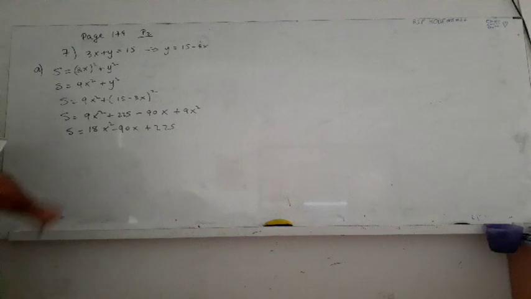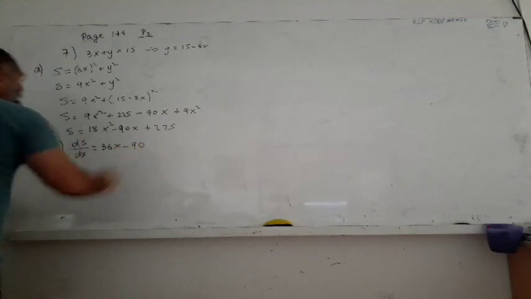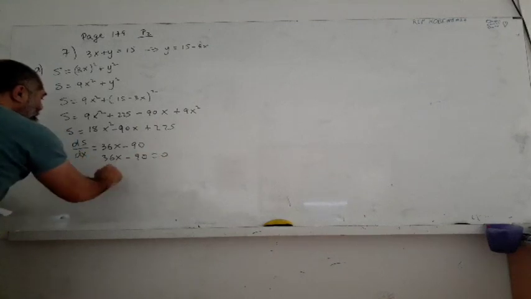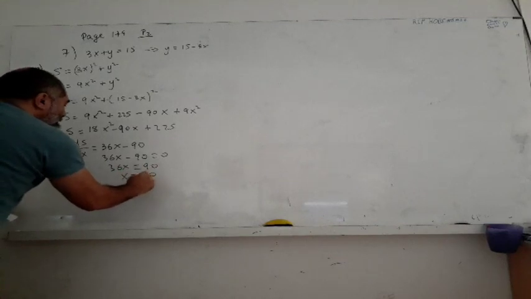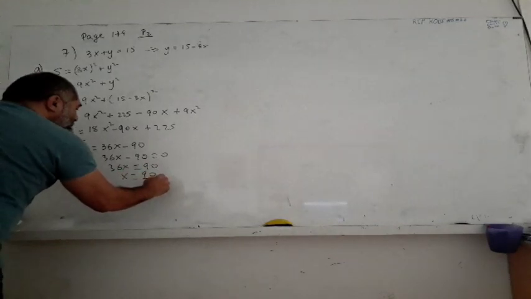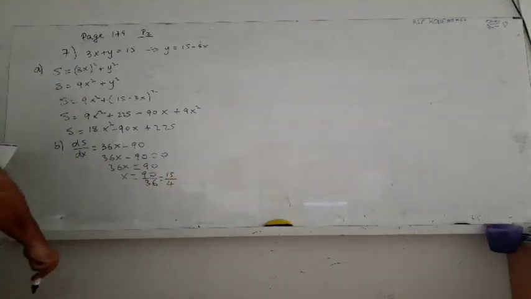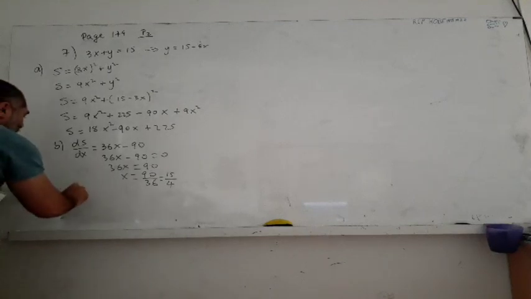If it says minimum, you have to take the derivative, equate the derivative to 0, find the x value, and to be able to justify, take the second derivative.